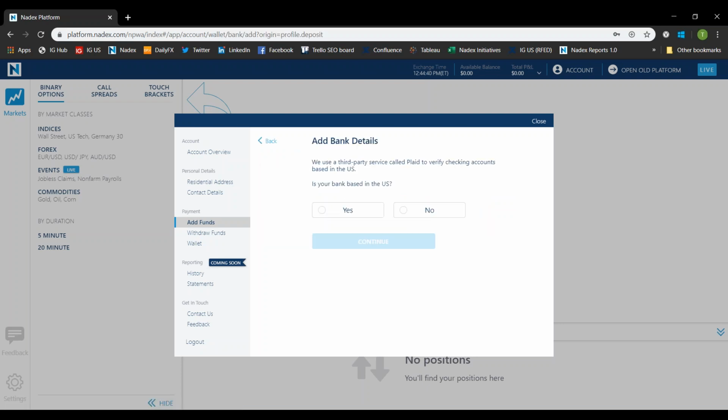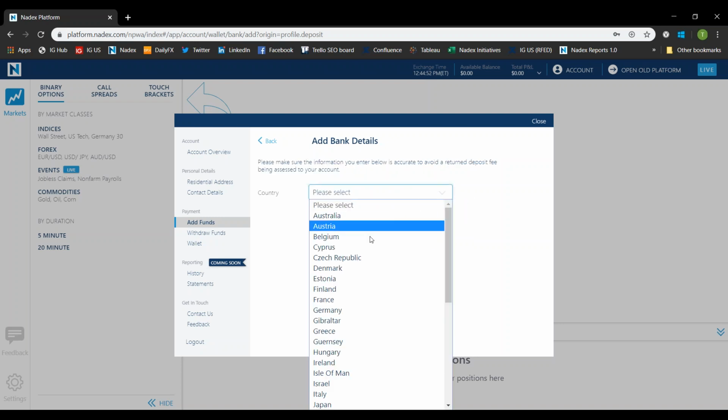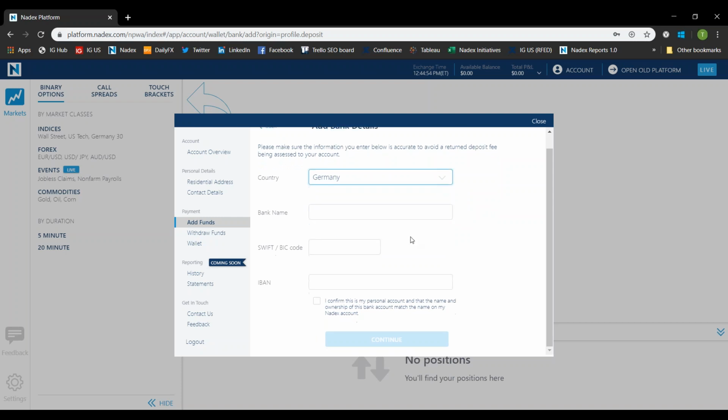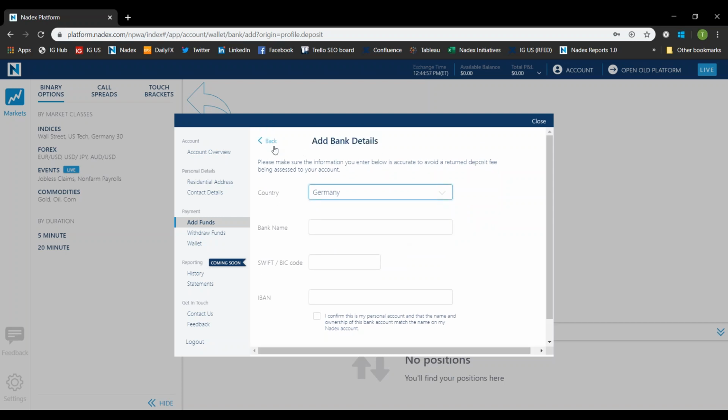If you wanted to do it this way, we do use Plaid, which is really slick. If you did not want to use Plaid and you clicked no and hit continue, you would simply follow the instructions and just be sure to add a checking account that matches your Nadex account.